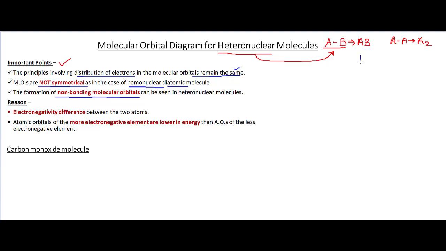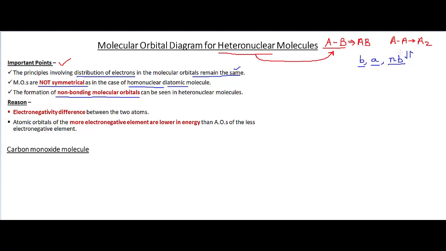Now we will encounter the non-bonding orbitals also. So what are non-bonding orbitals? Non-bonding orbitals are orbitals where the addition or removal of electrons does not impact the molecule energetically.